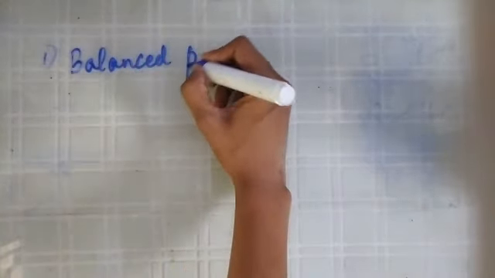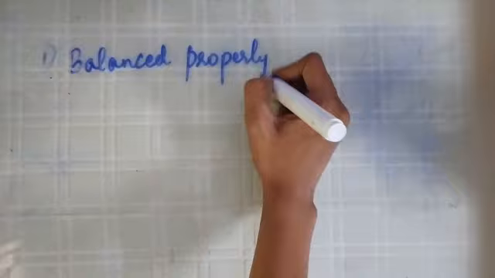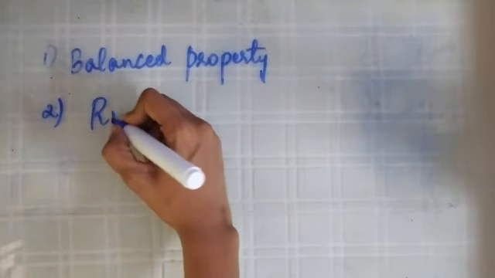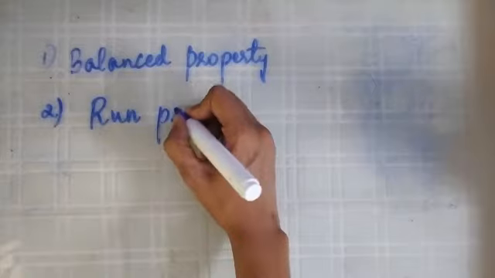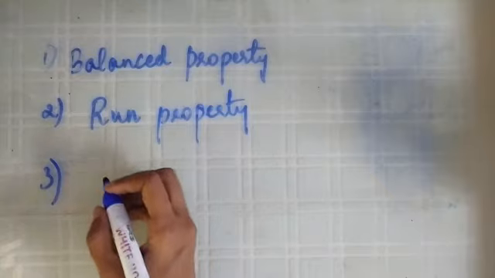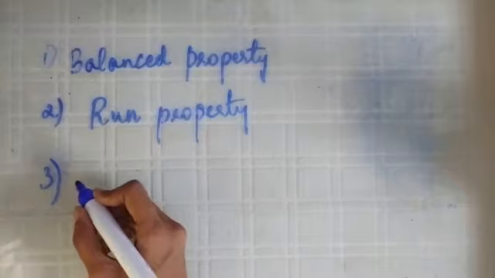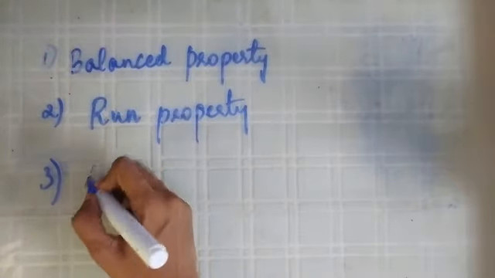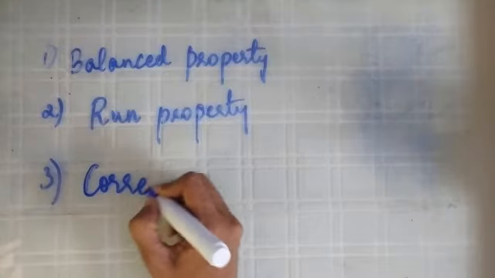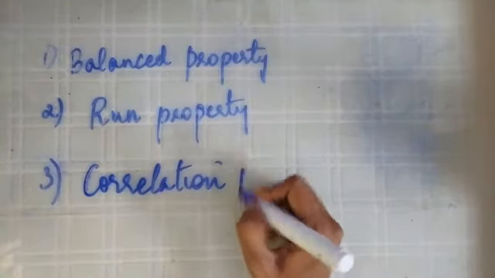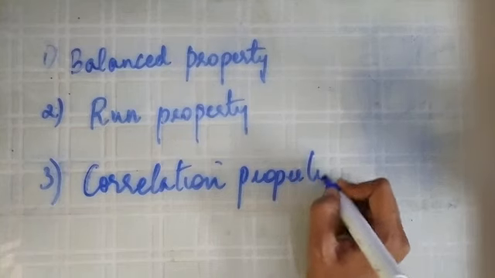The first property is the balance property. The second property is the run property. And the third is the correlation property. These are important properties of PN sequences and have been asked in previous university exam question papers. We'll look at each of these in detail.